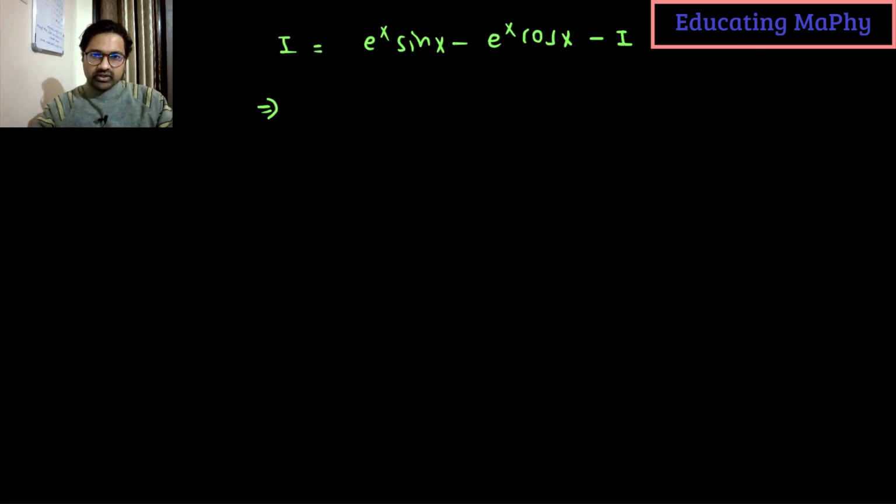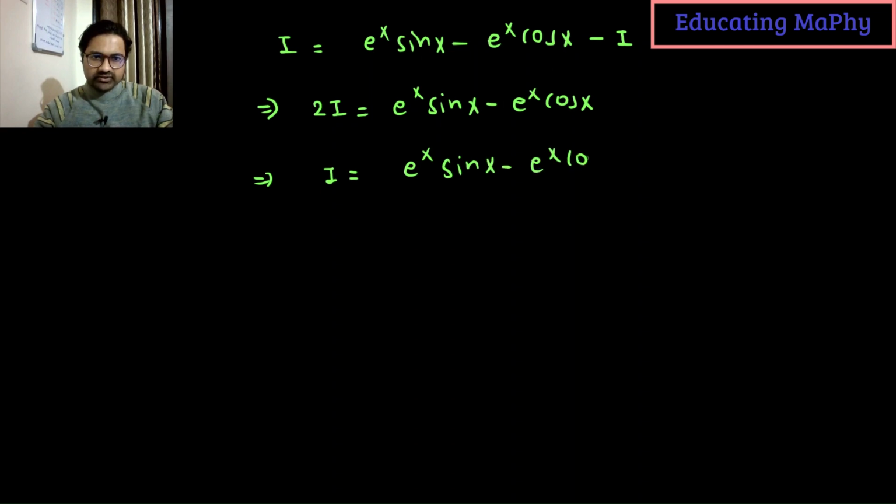So all we have to do is rearrange, adding I to both sides. It will become 2I is equal to e raised to x sin x minus e raised to x cos x, and dividing both sides by 2, of course, we have the value of I as e raised to x sin x minus e raised to x cos x over 2.